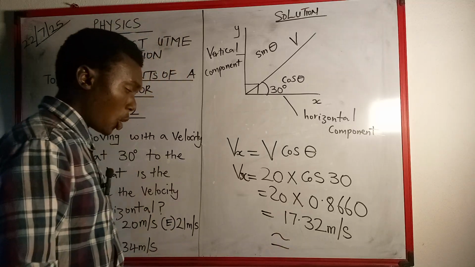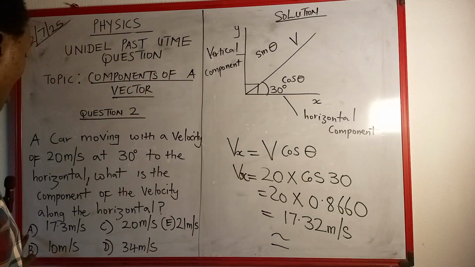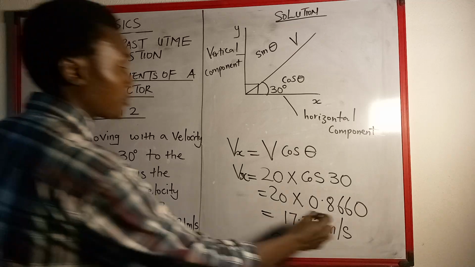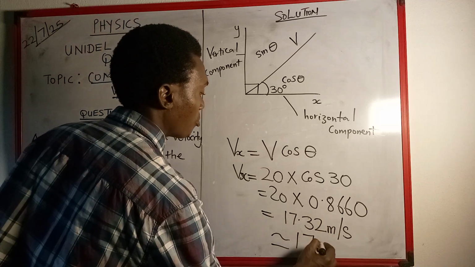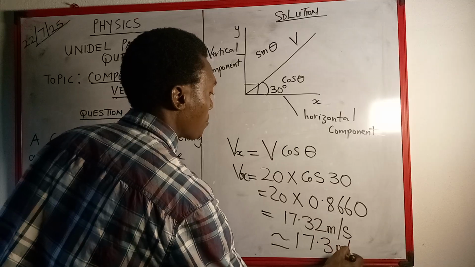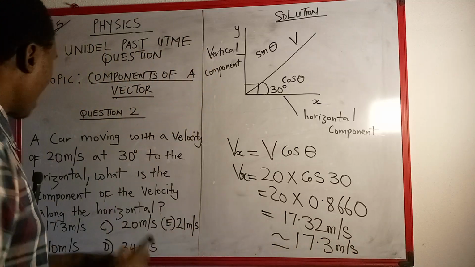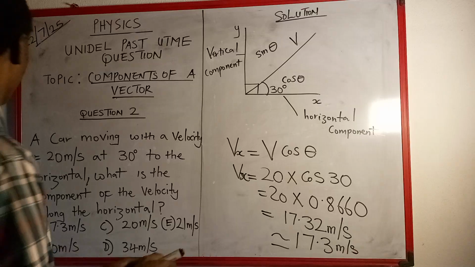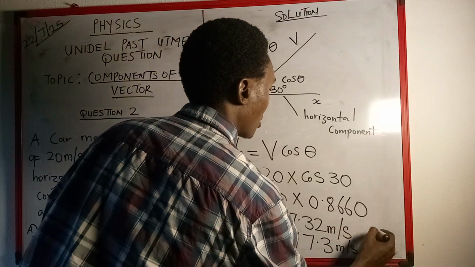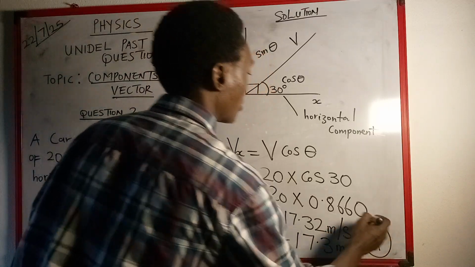Approximately, you go to your options that were given, A is 17.3, so we can approximate to 17.3 meters per second. You take your answer as option A. So our final answer is option A.